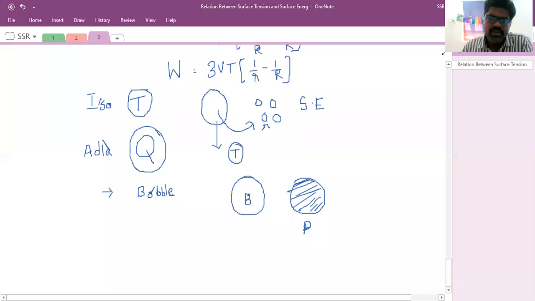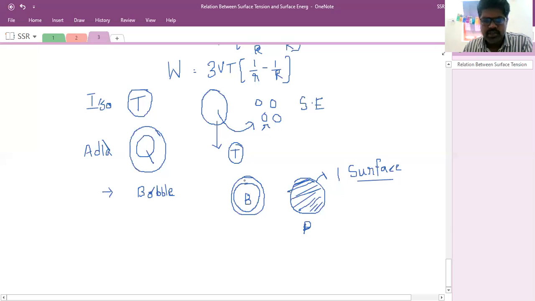A droplet, either water or any other liquid, has only one surface, that is the outer surface. Whereas the bubble has two surfaces, inner surface and outer surface.